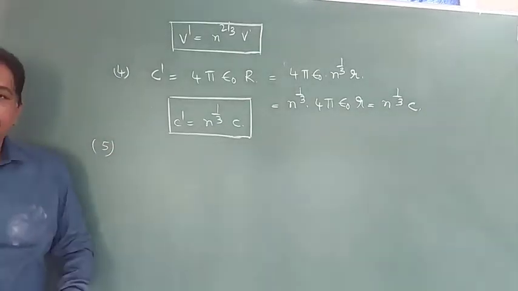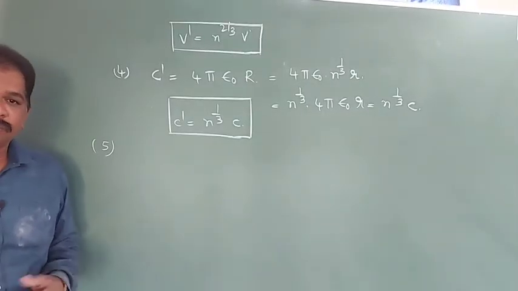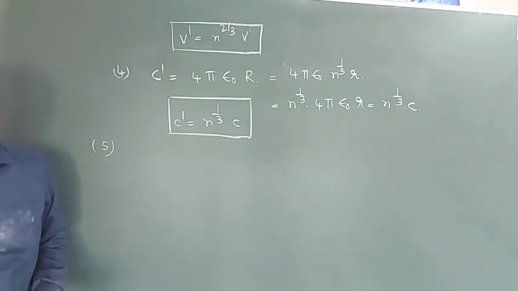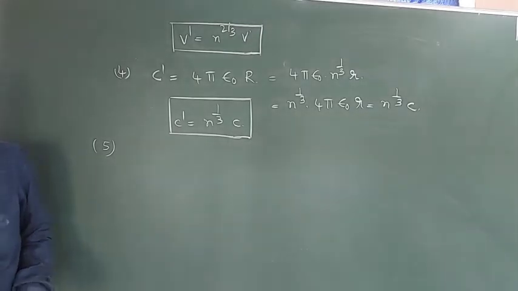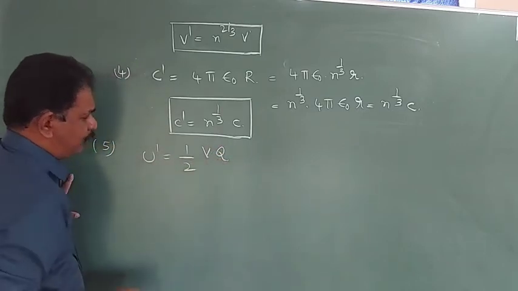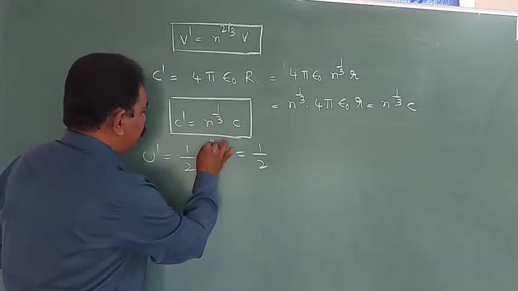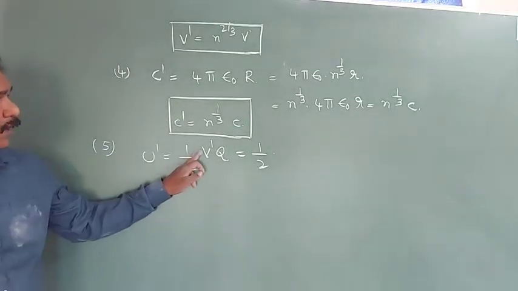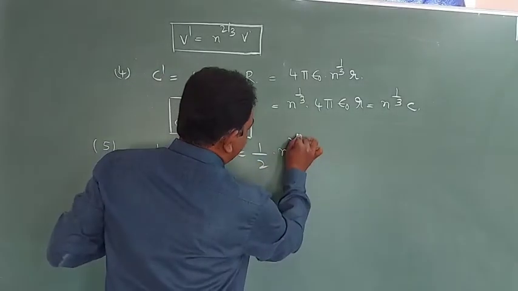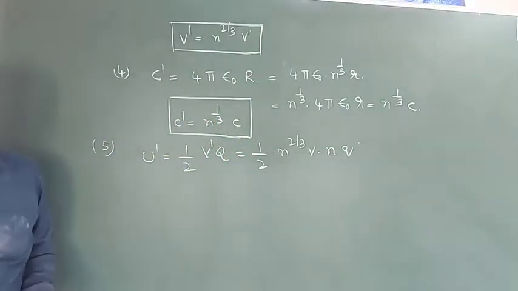Next, energy. We can take any formula: 1 by 2 VQ, or 1 by 2 C V square. So here, simply, we'll take U dash is equal to 1 by 2 V dash Q. V dash value, how much do we get? n power 2 by 3 into V. Q value will be n into q.